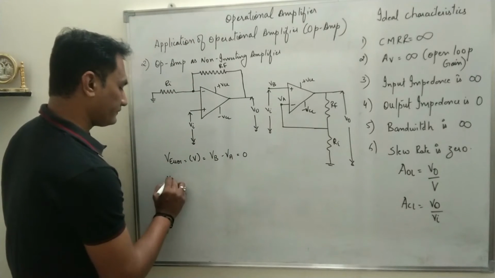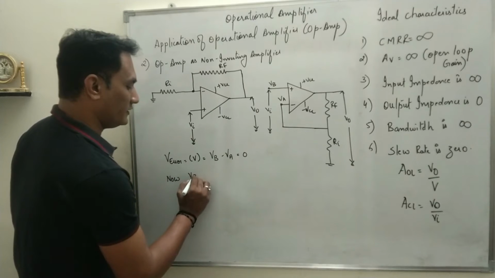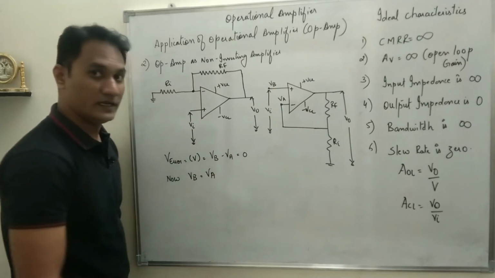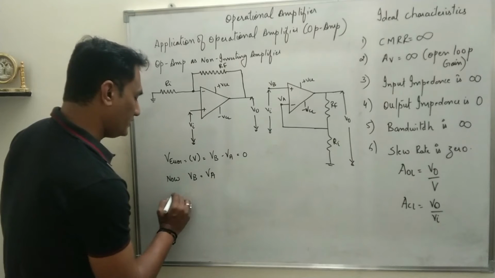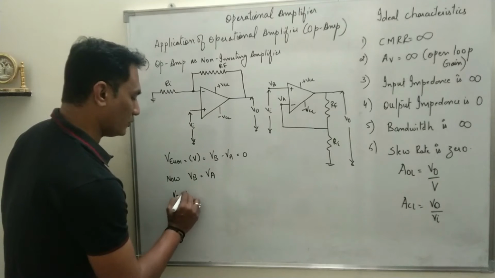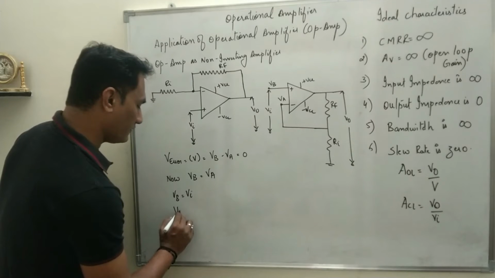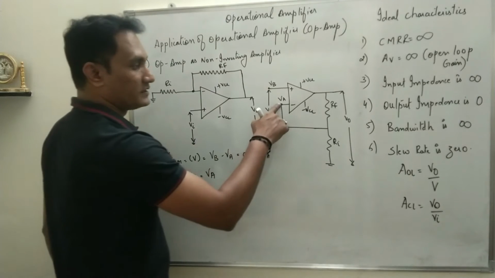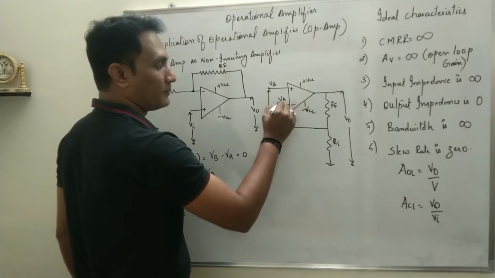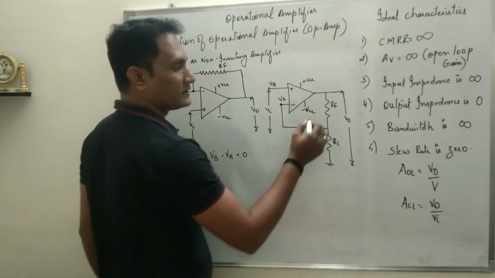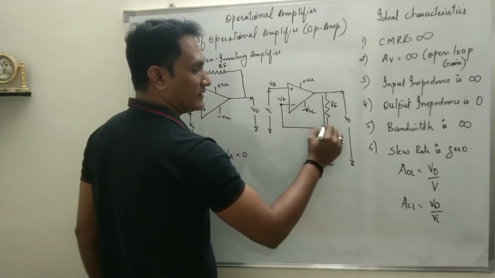Now I can say VB is equal to VA. Now what is VB? VB is equal to Vi. And what is VA? VA is the potential at this point. To obtain the potential at this point, see what happens: here the current will flow like this.